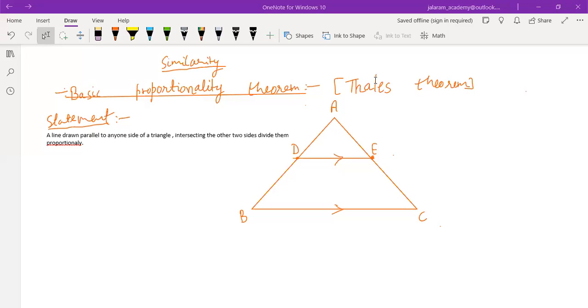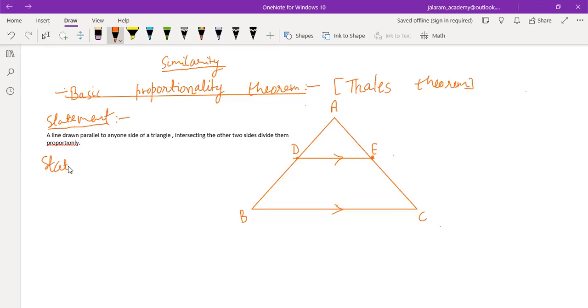So after learning this statement, what is given to us?